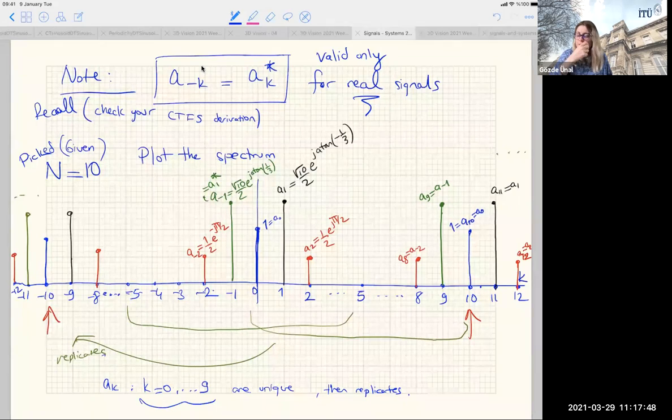Next time we start systems after we finish this. I believe this discrete time Fourier series may look a little bit more confusing than the continuous time version because of this replication business. But it's periodic. The AKs are periodic, so just try to understand the fundamentals of it going through the notes. We can tell you where to read in the lecture notes.